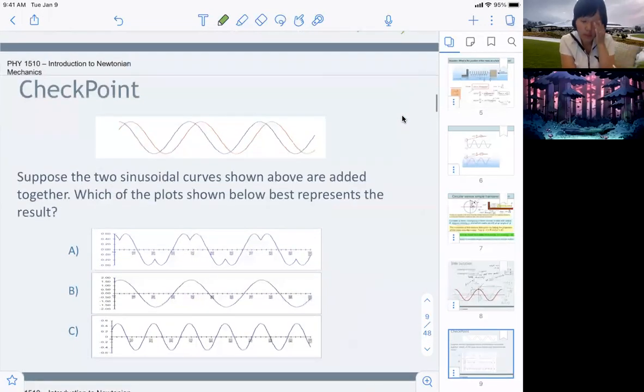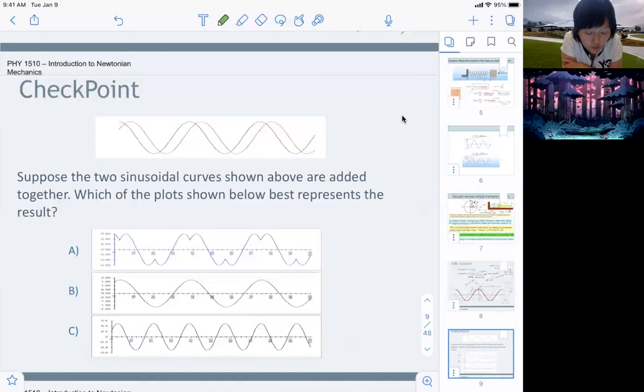So knowing that, we can begin to process this checkpoint question. We can quote a direct result, and to answer this question, that's enough for what we care about here. But I do want to show a little more of the process of how we get a superposition of two waves combined together.